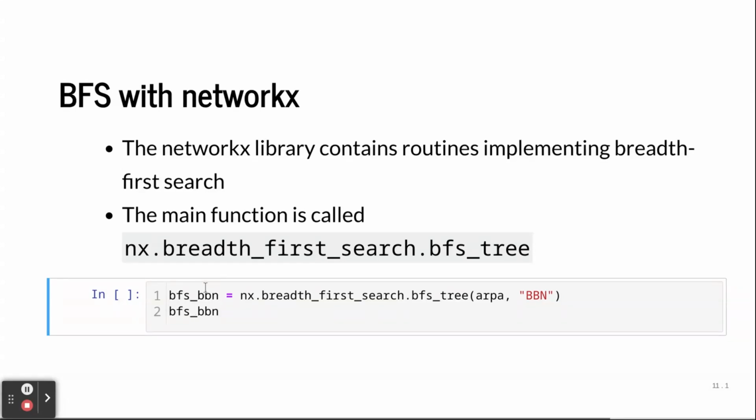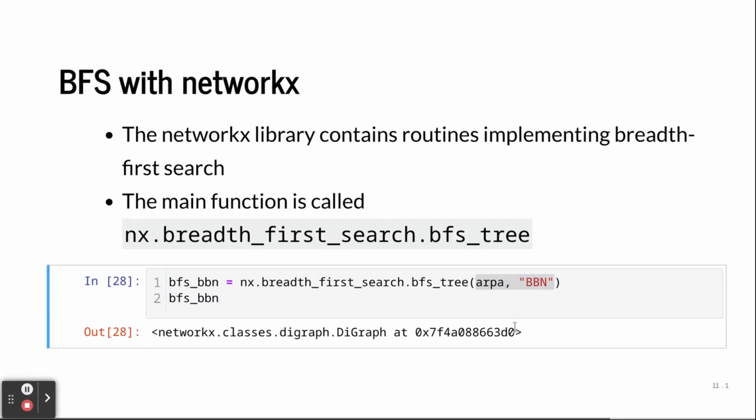So let's see what would happen if we call this method using our ARPANET and the BBN node as the starting node. What we'll get back is an instance of what's known as a digraph. Digraph is the NetworkX data type for a directed graph.